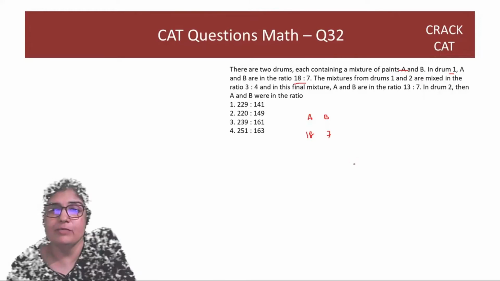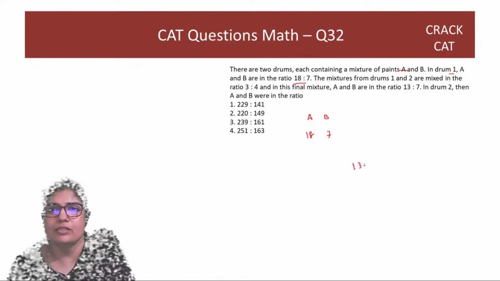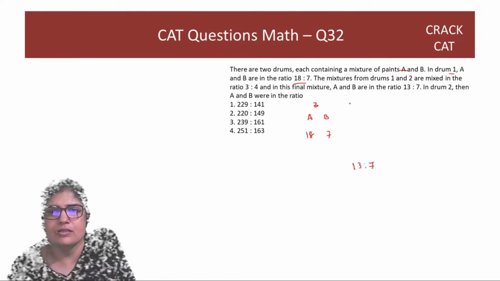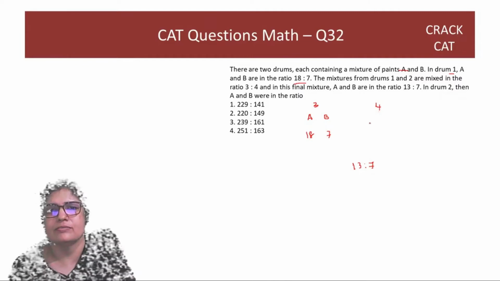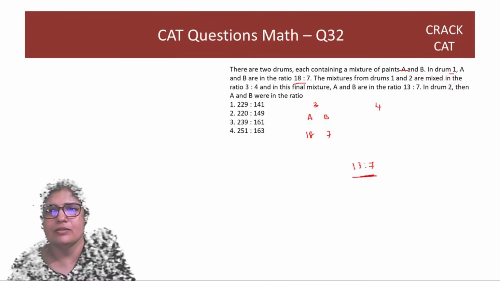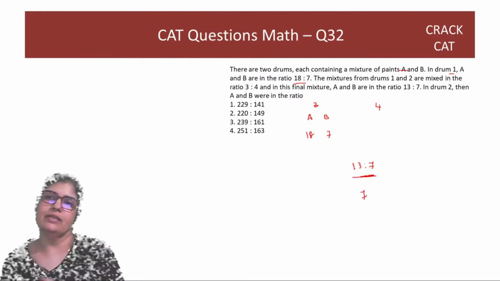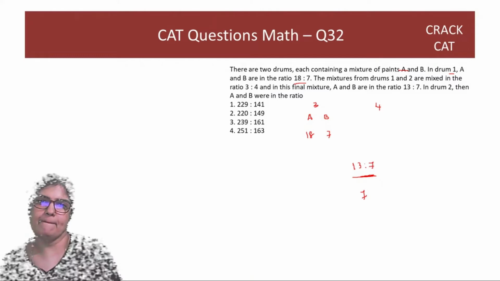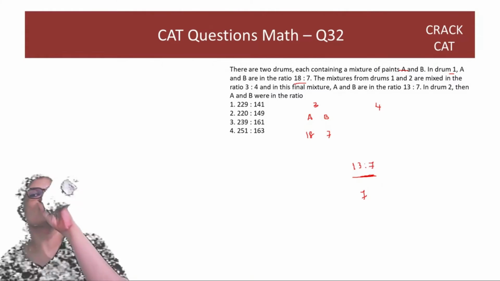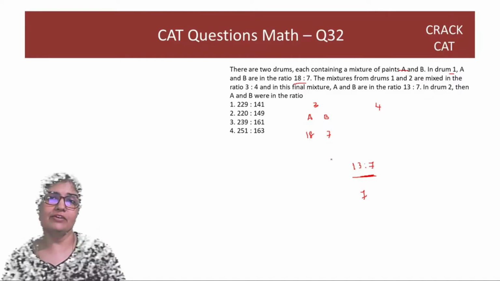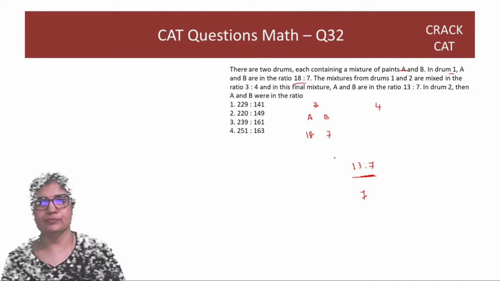And in the final mixture, A and B is in the ratio 13:7. So 3 parts of this and 4 parts of this. So the final mixture has 7 parts, 13 and 7. Then the drum 2 mixture we need to find out.